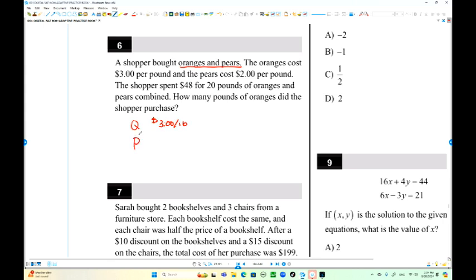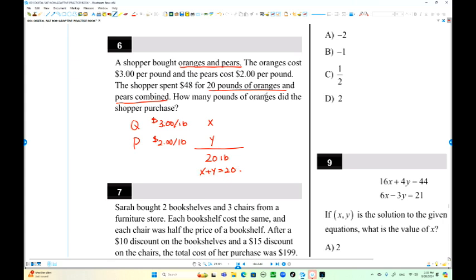And pears cost $2 per pound. The shopper spent $48 for 20 pounds of oranges and pears combined. The total is 20 pounds. Maybe you can use x and y, so x plus y equals 20 pounds, right?